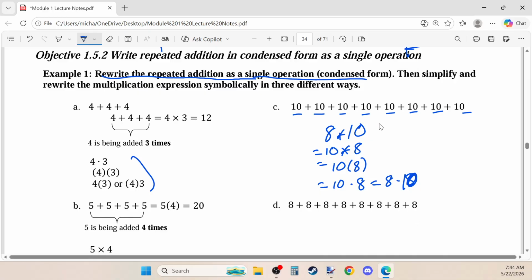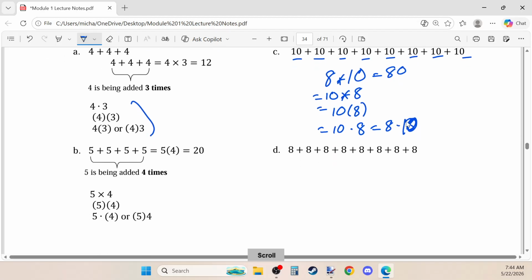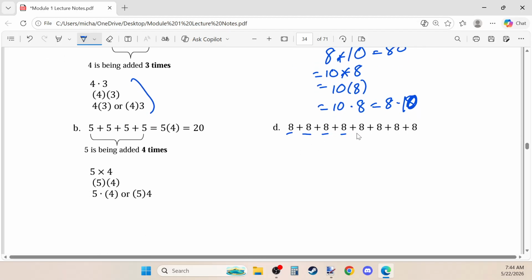We also want to simplify and get an answer, I think. Yeah, 8 times 10 is 80. 1, 2, 3, 4, 5, 6, 7, 8. 8 times 8, and it's 64.